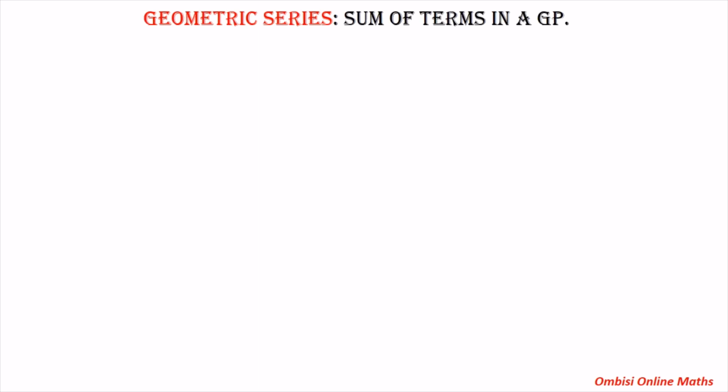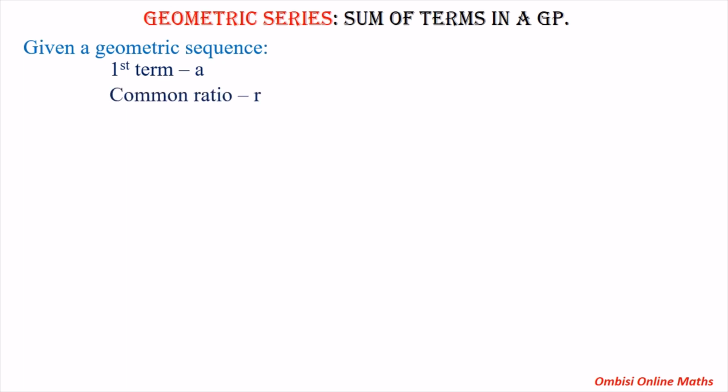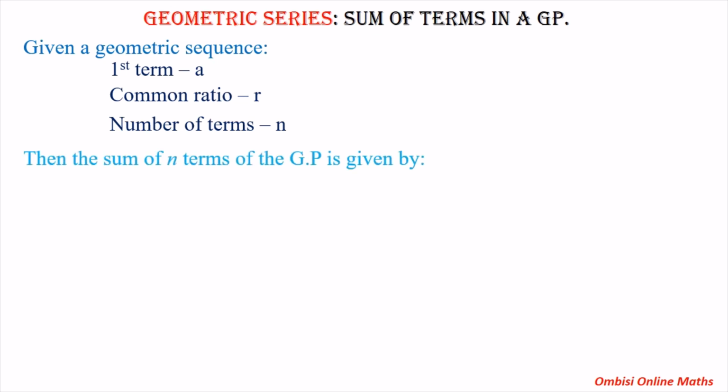Now, when given a geometric sequence whereby the first term is a and the common multiplying value or the common ratio is r, and then the number of terms in that sequence is n, then for us to find the sum of terms, the sum of n terms of the GP is given by S_n equals a(r^n - 1) over r - 1.